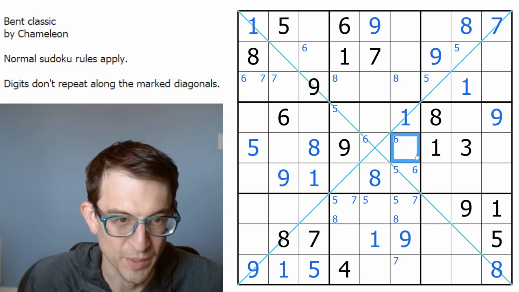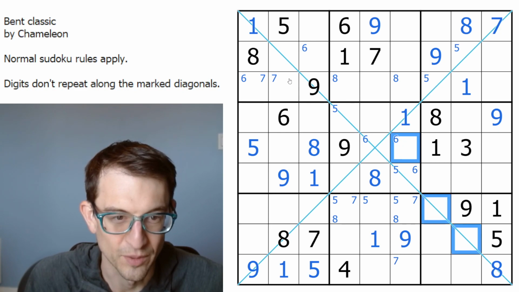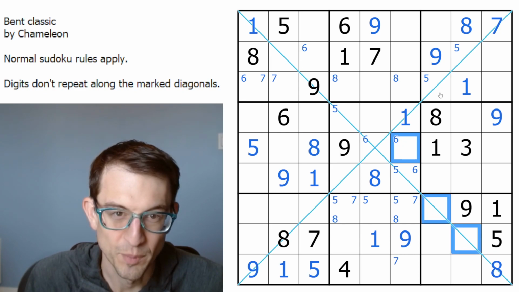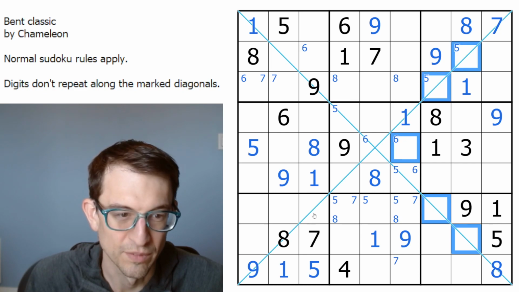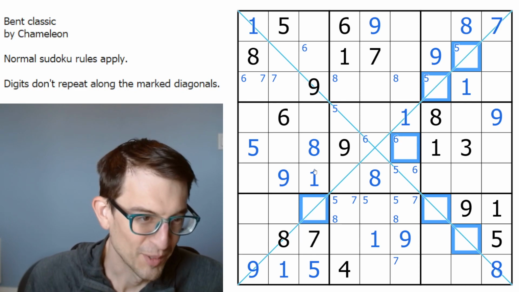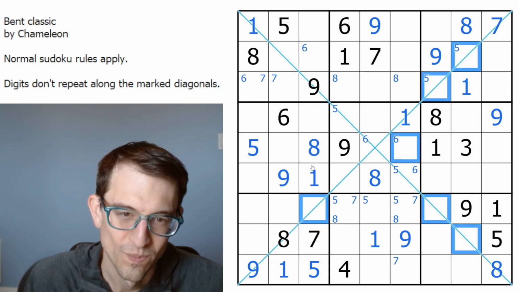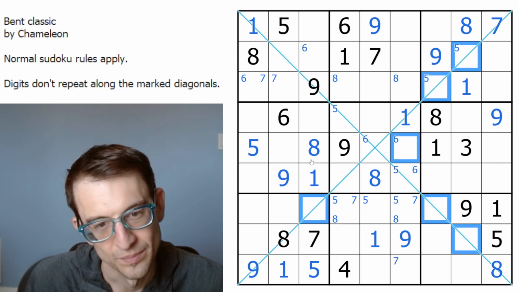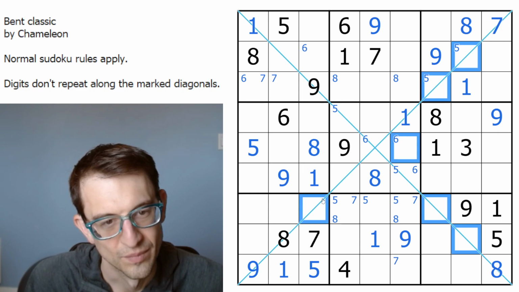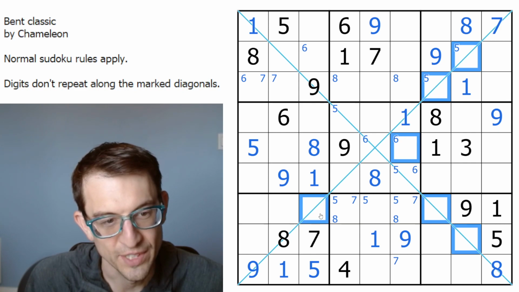Suppose 6 is not in the middle. Then I'm going to have to put a 6 in one of those spots because it can't go here, and I'm going to have to put a 6 in one of these spots. I don't see why I couldn't. No, it seems fine. Well, hold on. Yeah, so 6 can't go.